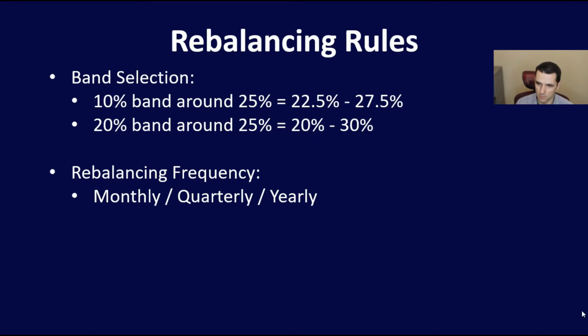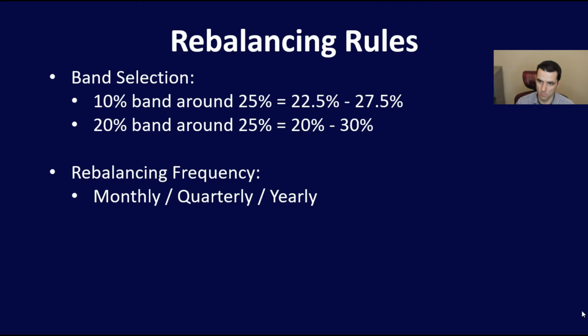So for instance, if you set a 10% band around 25%, that means that you will rebalance your entire portfolio if any asset class goes below 22.5% or above 27.5%, that's a trigger to rebalance the portfolio.